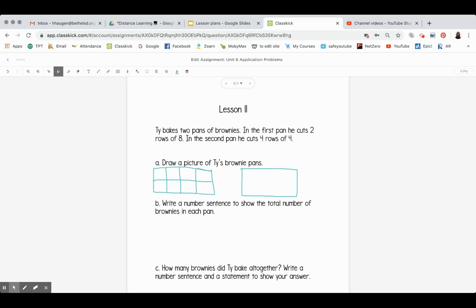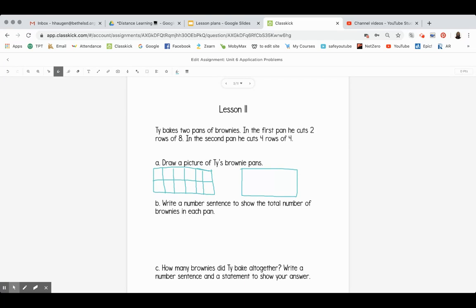That gives me 4. And then I need a couple more here. So 5, 6, 7, 8. Now, those are not even, so I need to do a little rearranging because my goal is to get my rows and columns as equal as I can, because I know if I cut brownies, my kids are going to want the same size brownies. So that's my first pan.